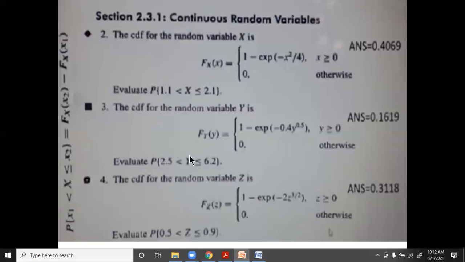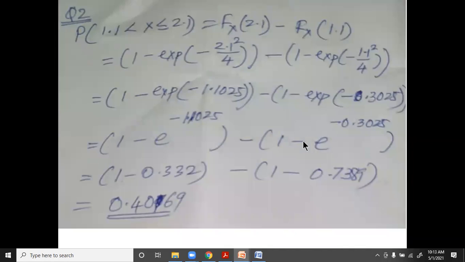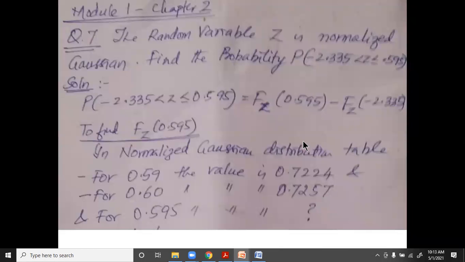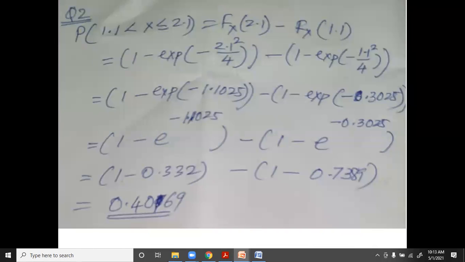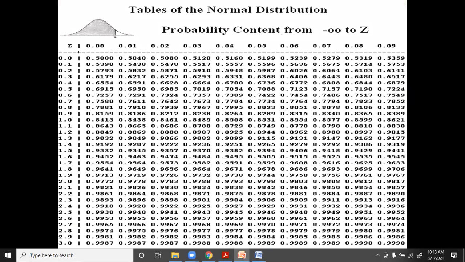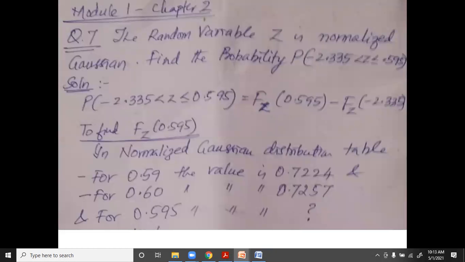So we need to substitute 6.2 over here and get F(y2), then substitute 2.5 in this and get F(y1) and subtract one from the other, right? In the same way, we can try to do the other numericals also. So this is the table over there, and we can try to find that out.